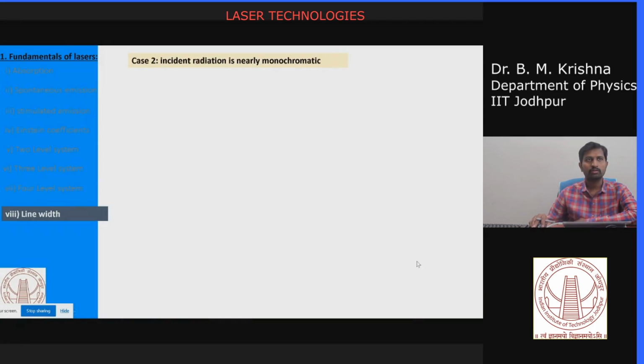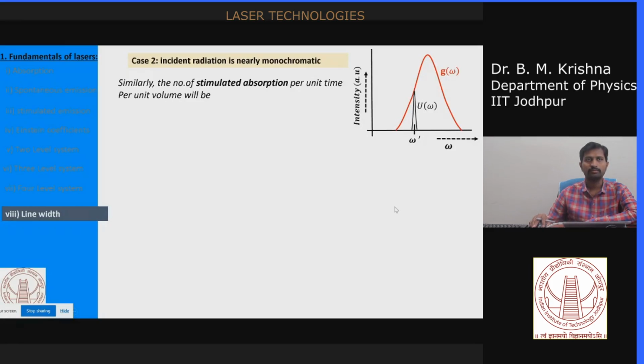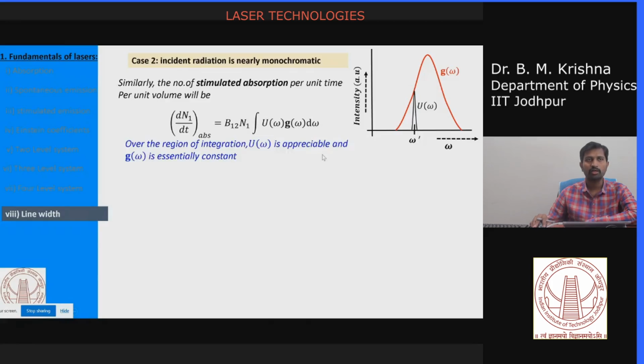Okay, now the same thing, what happens when your incident radiation is nearly monochromatic. So that is, U of omega is nearly monochromatic compared to your line shape function. So now we can calculate the stimulated absorption rate. Your stimulated absorption rate is B12 N1 U of omega G of omega d omega.